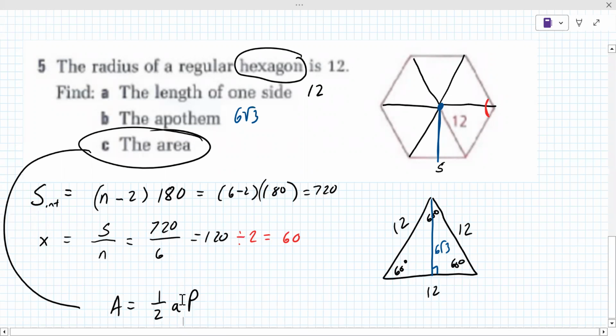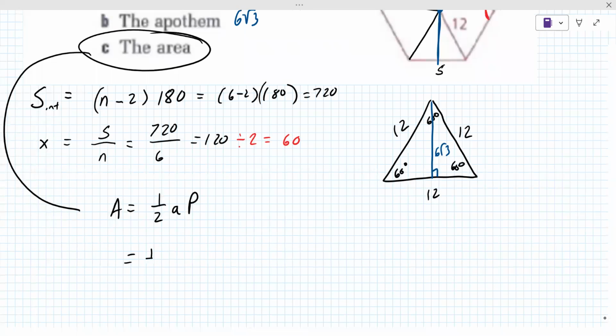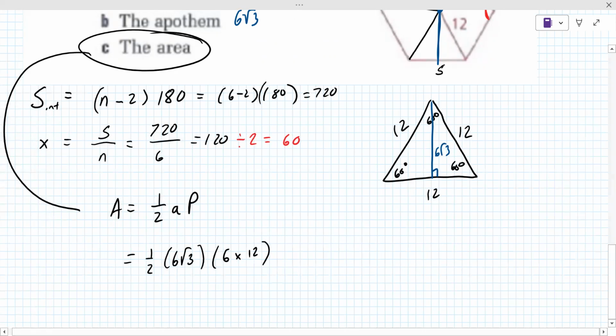If you get the apothem, you can put it in here. The reason you need the length of one side is because if you can find one side, you can get the length of the perimeter. So the way that you might present your answer here is 1/2 times 6 square root 3. Perimeter is 6 times 12, because there's 6 sides times 12.